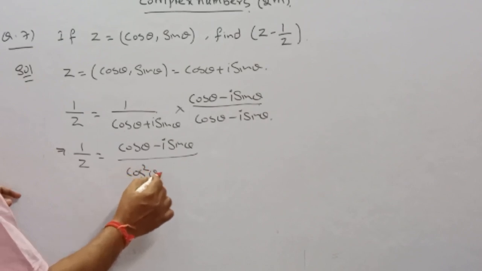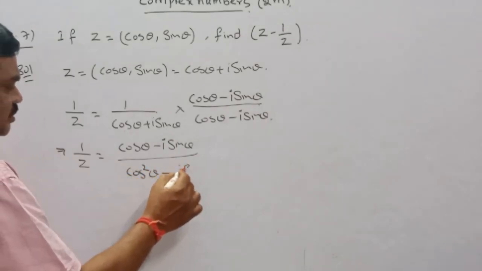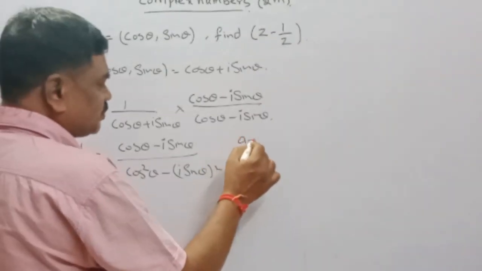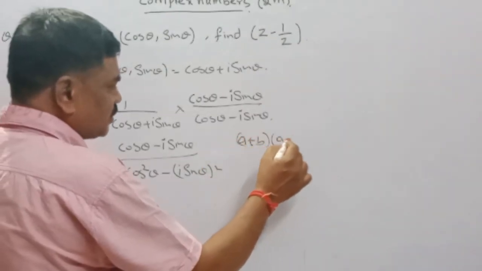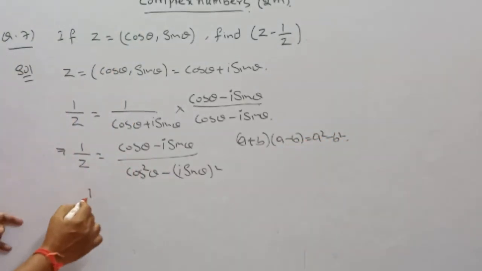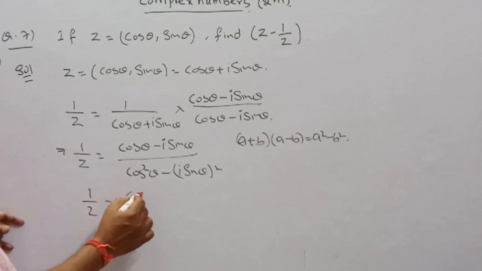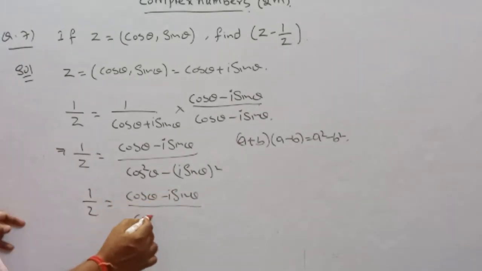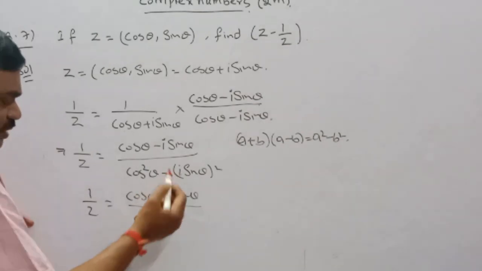So cos square theta minus i sin theta whole square. We know that a plus b into a minus b is equal to a square minus b square. So 1 by z is equal to cos theta minus i sin theta by cos square theta minus i square.